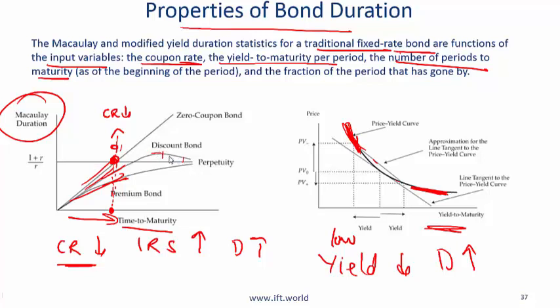That's a little bit advanced. Key point is that as time increases, then interest rate sensitivity increases. So obviously the interest rate sensitivity of a 10-year bond is going to be more than the interest rate sensitivity of a 1-year bond. So those are the main points. It also depends on the fraction of the period that has gone by, but I'll not cover that in this crash course.